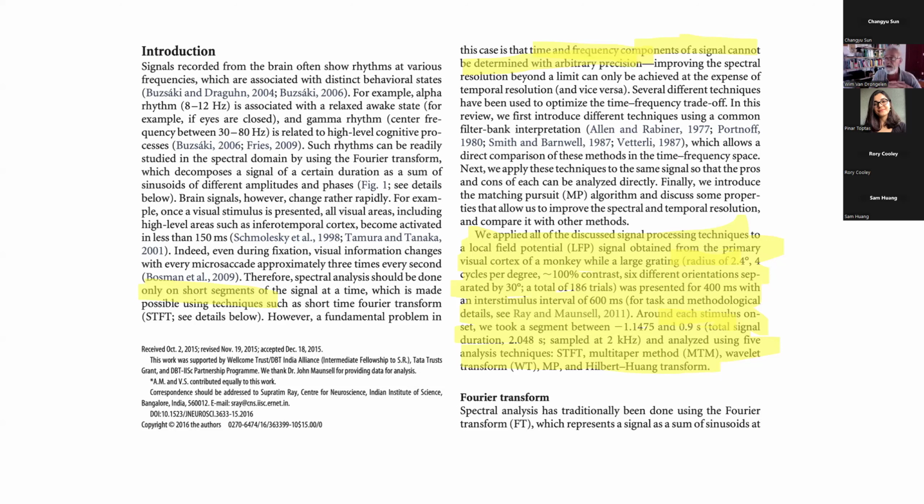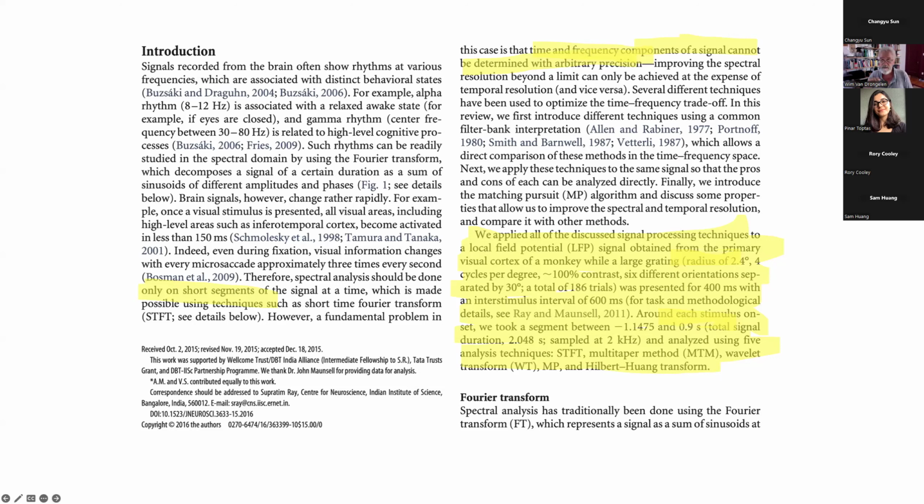The problem with short segments is that you cannot determine time and frequency components with arbitrary precision. They are related to each other. We'll talk about that a little bit.